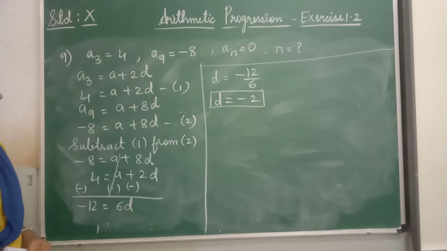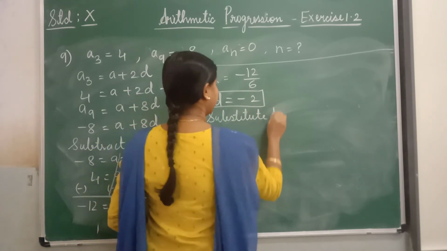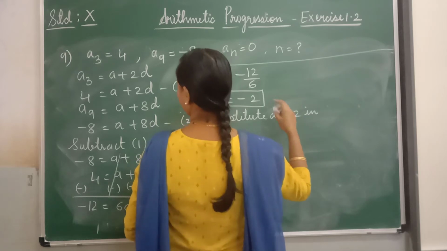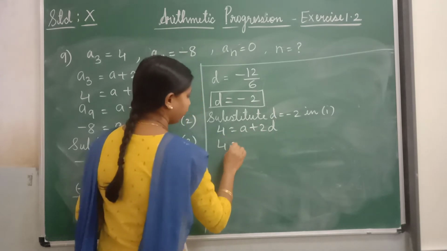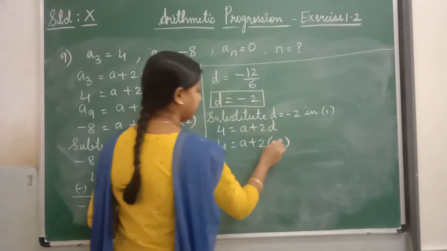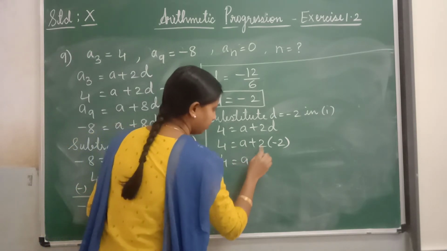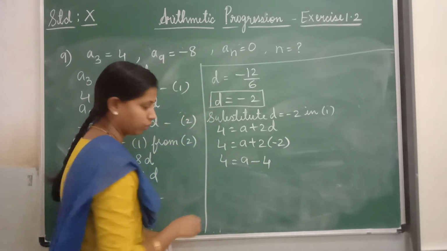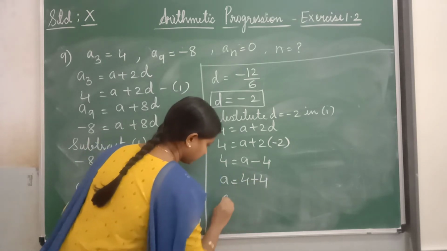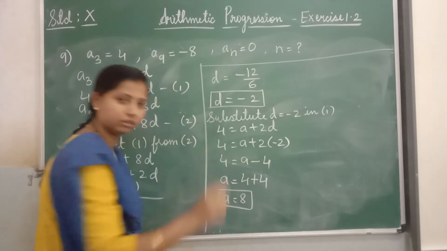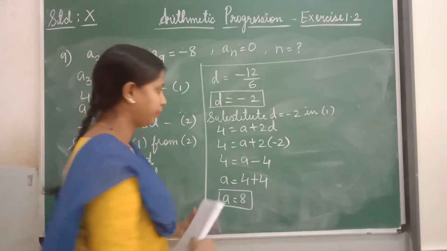Now we have got the A and D values. Now you have to find which term of the AP is 0.